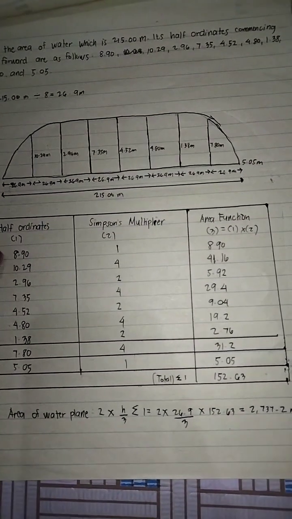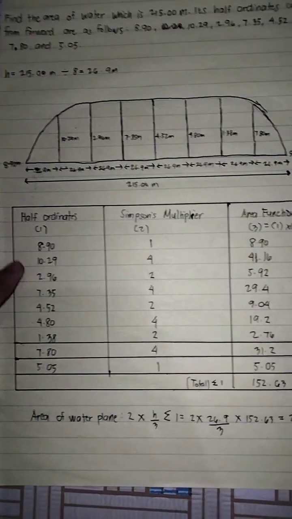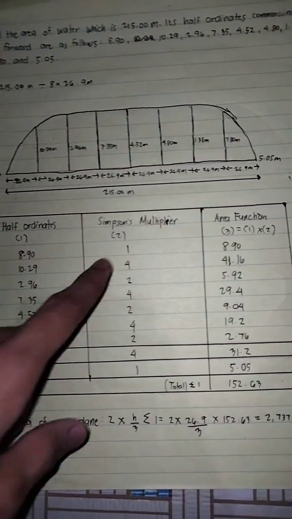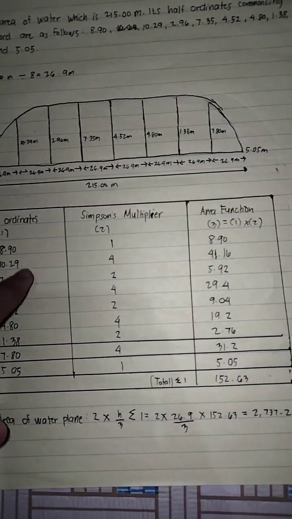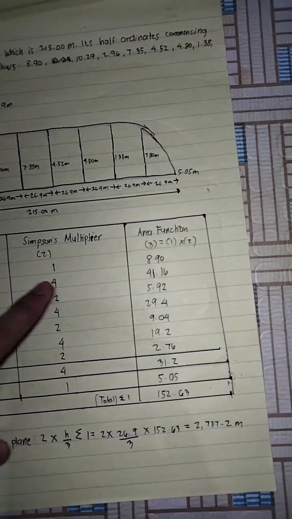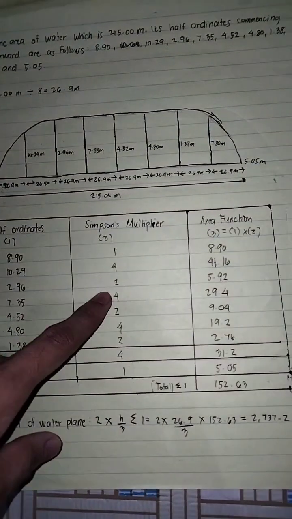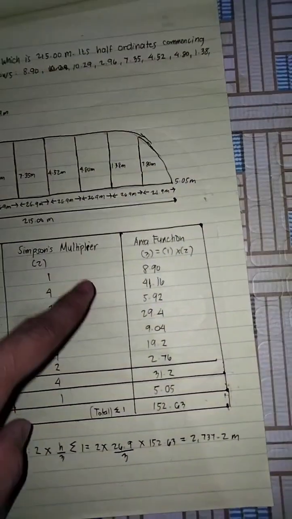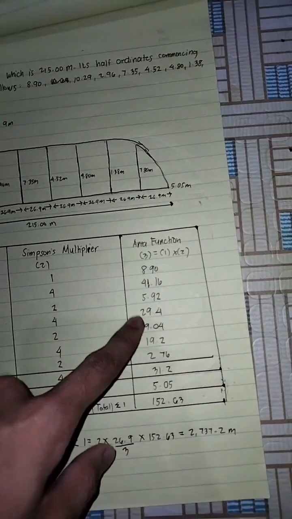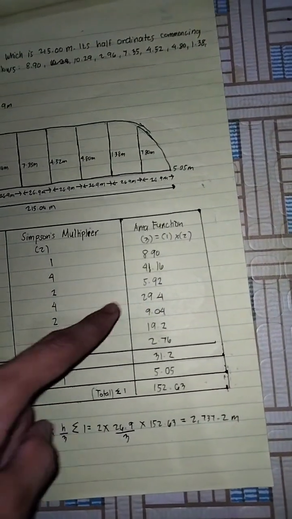After that, we need to get the area function. 8.90 times 1 is equal to 8.90. 10.29 times 4 is equal to 41.16. 2.96 times 2 is equal to 5.92, and so on. After getting all the area functions, you need to add all of them, or total.